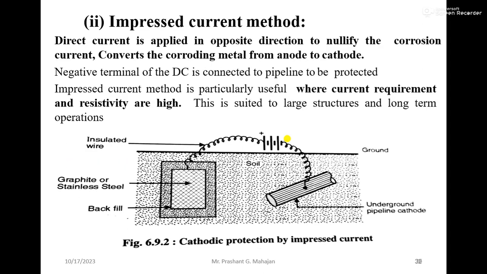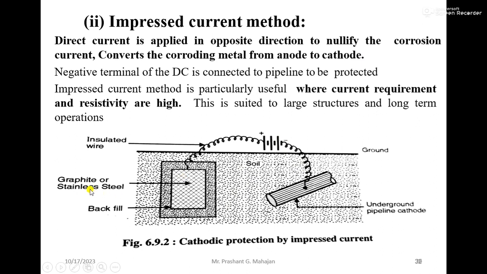Then the second is the impressed current method. In this case we supply direct current in the opposite direction to nullify the corrosion current, which converts the corroding metal from anode to cathode. That means we supply the negative charge to the pipeline and the positive charge to the backfill.